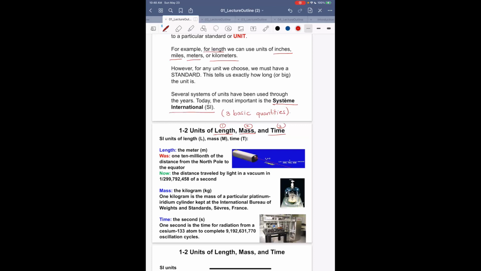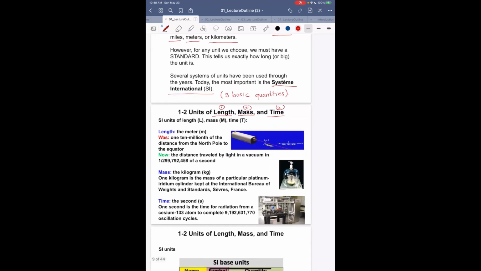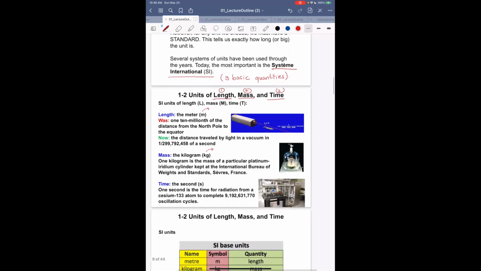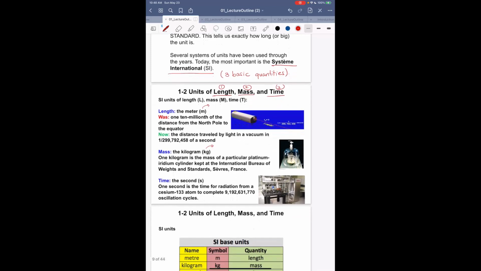Now also for mass we use kilograms, and here I want to bring to your attention that we are using a lowercase m for meter, and a lowercase k and lowercase g for kilogram.